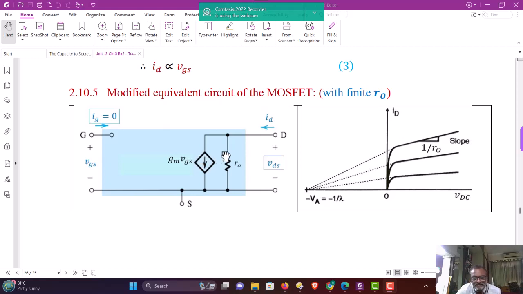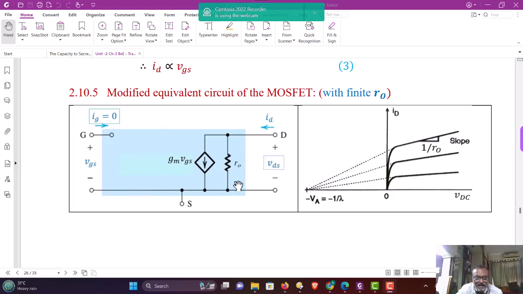And since between drain and source there exists a channel, and the channel is of semiconductor material, it has a finite resistance. Therefore the current source is in parallel with a resistance RO. The voltage between drain and source is denoted by VDS. The gate current is denoted by IG, and it is virtually zero because there is insulation between gate and source.